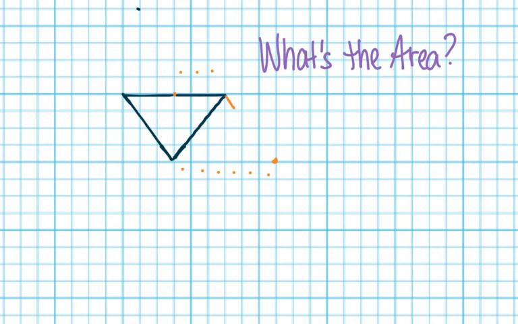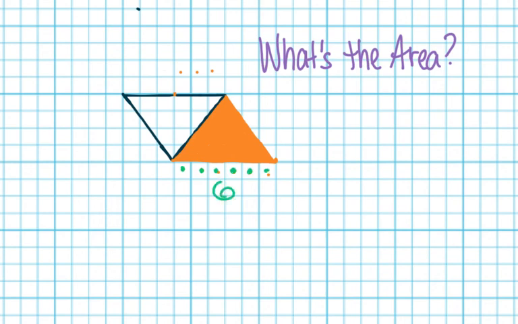I can connect them, and I'll have 2 copies of the same triangle, thus making a parallelogram. There's a chance this could be a rhombus, but because we don't know for sure and I don't want to get out a ruler, I'm going to call it a parallelogram. Note that the base and height of this parallelogram match the base and height of our triangle.